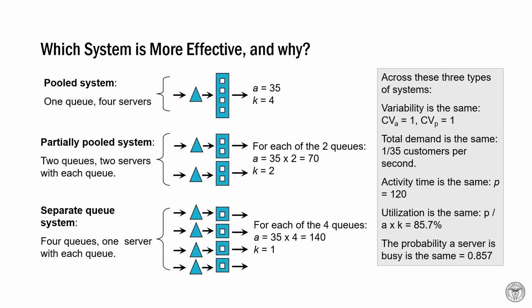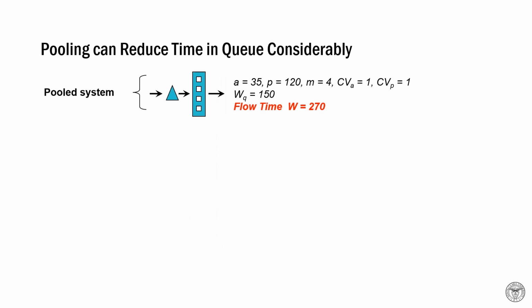With the probability of a server being busy standing at 0.857 across the board. By comparing the time in queue and the system's overall flow time, we can evaluate which structure is the most effective under these conditions.